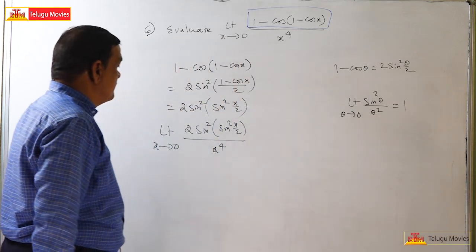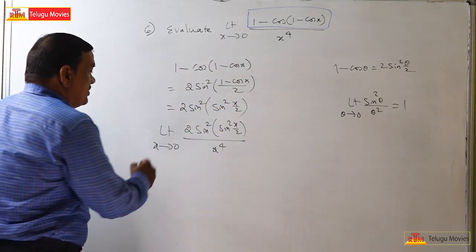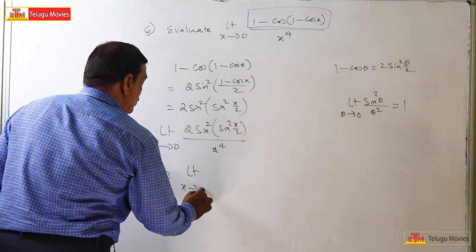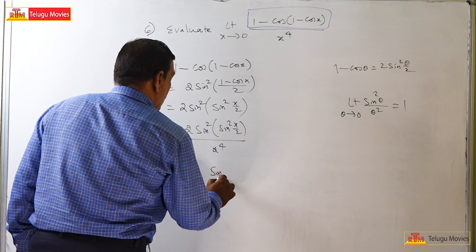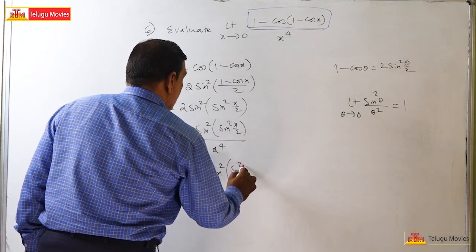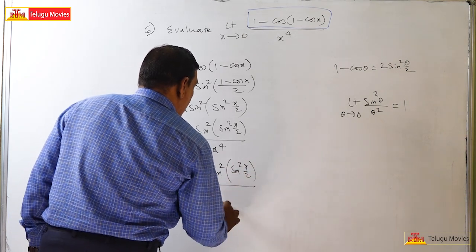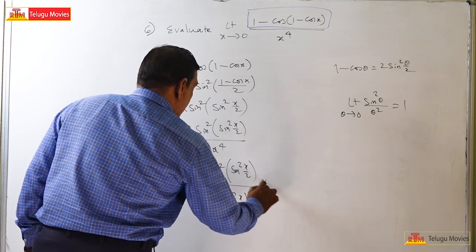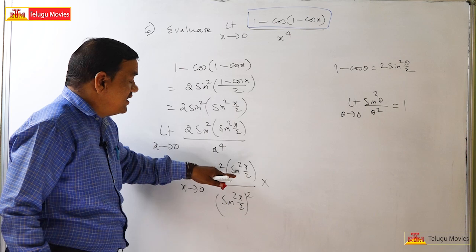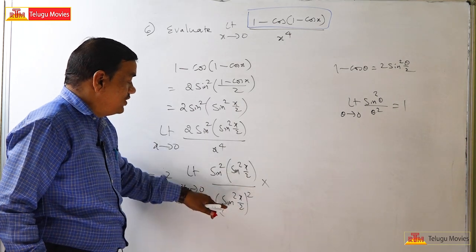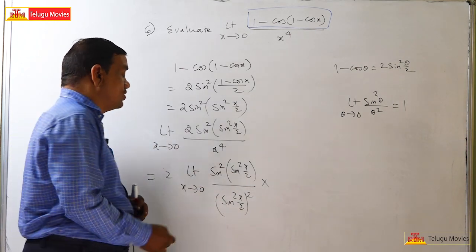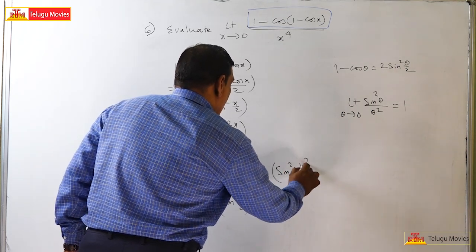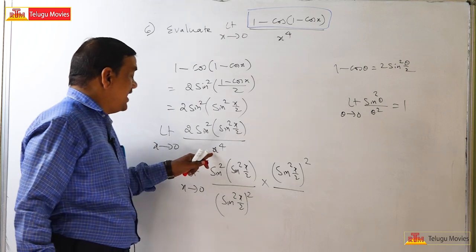Okay, now here we will see. 2 take common outside, limit x tends to 0. So this is equal to sin square x by 2 whole square, multiplied and divided by sin square x by 2 whole square, by x power 4.